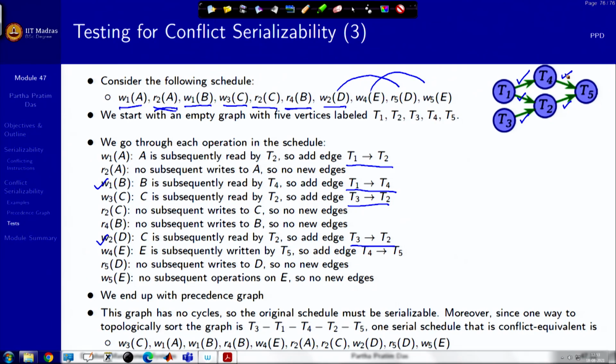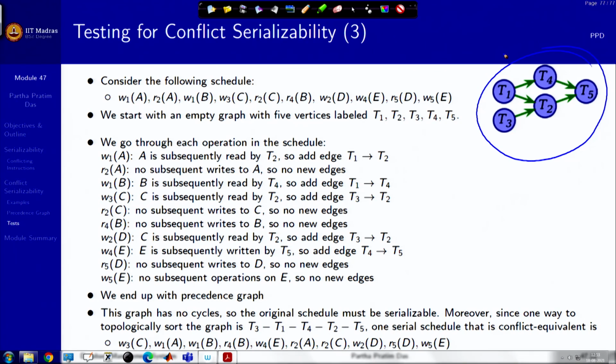So, what you have got is that this schedule has a precedence graph like this, and you can clearly see that this is an acyclic graph. Since this is an acyclic graph, we can sort it by topological sort. For example, one topological sort could be T3, T1, then T2, T4, T5. There could be different sorts.